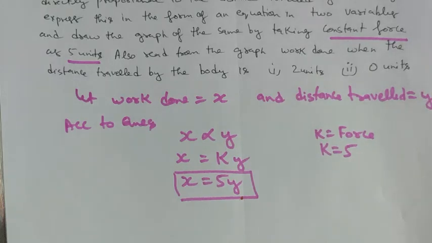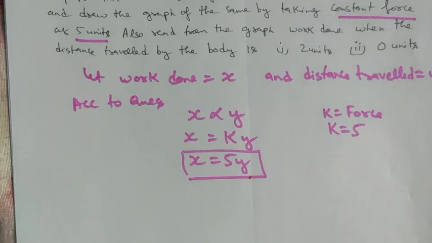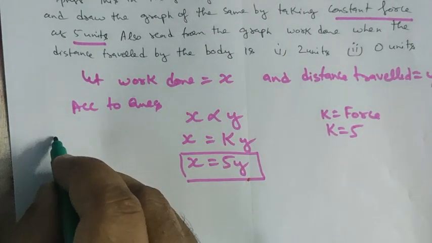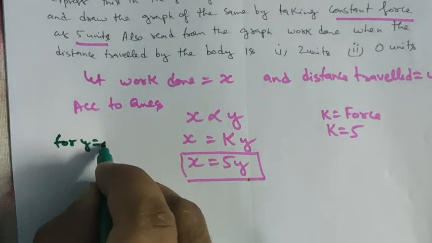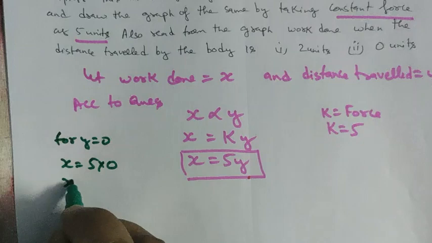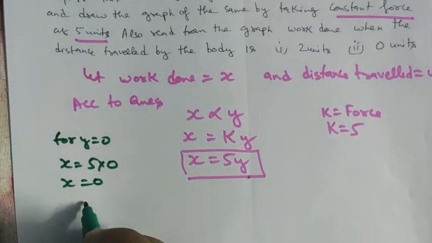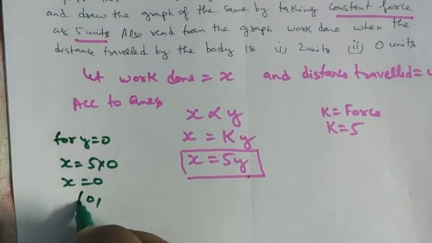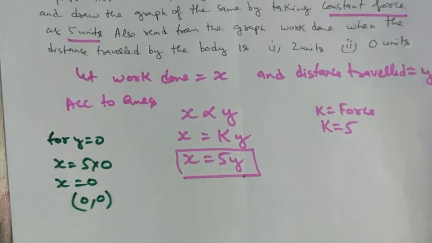Now we have to draw the graph of this equation. For this we have to again find out 3 points. For y equals 0, x equals 5 into 0, so x is also 0. The first solution pair is 0 comma 0.